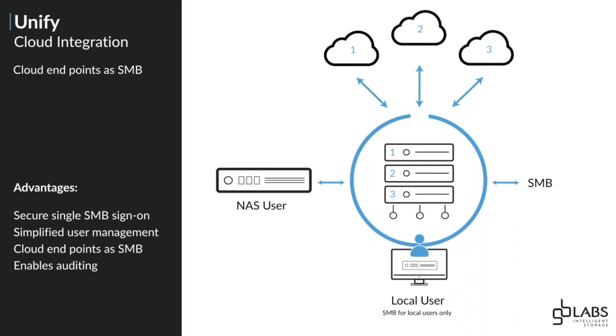So SMB works extremely well. It is also user and group authenticated, so you can keep control of access to your cloud endpoints through your Unify Hub rather than disclosing the individual credentials for each and every cloud provider that you have.